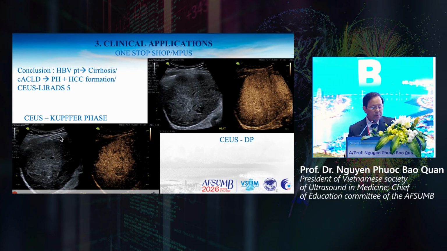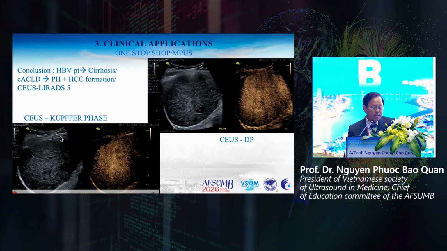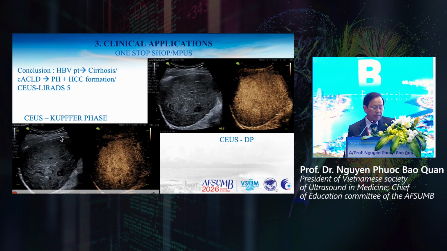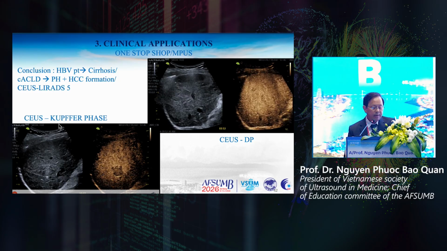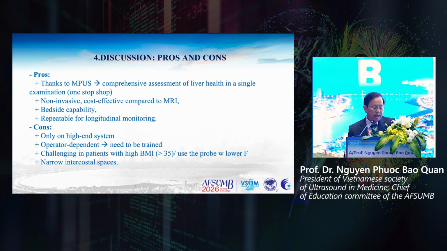Now I would like to move to the discussion. Multi-parametric ultrasound has many advantages. Thanks to multi-parametric ultrasound, we can assess the liver in a single examination; we can call it one-stop shopping.